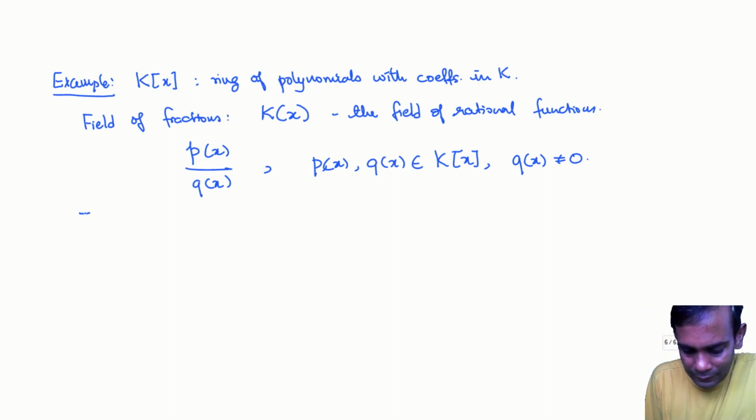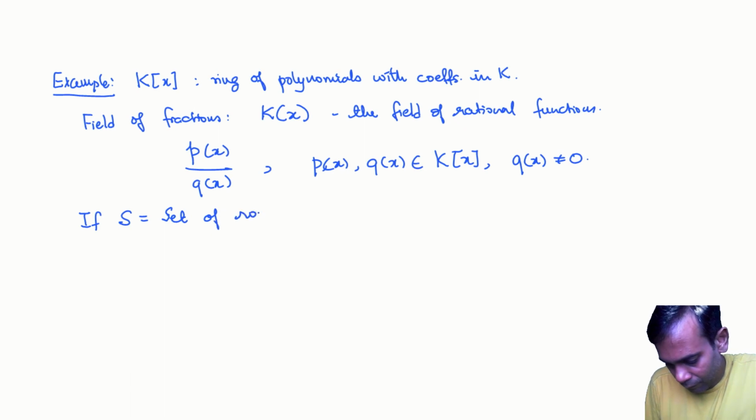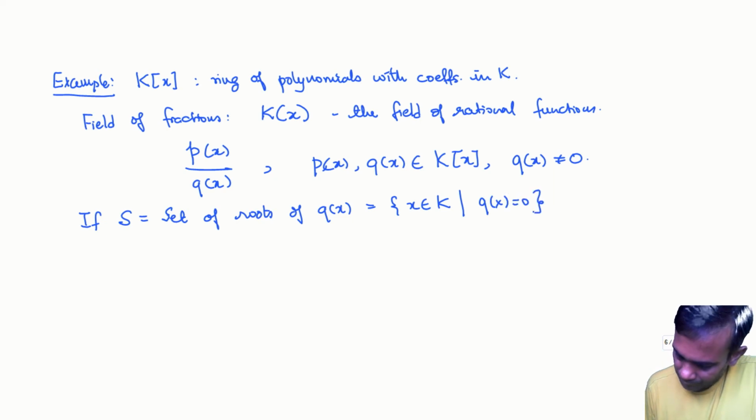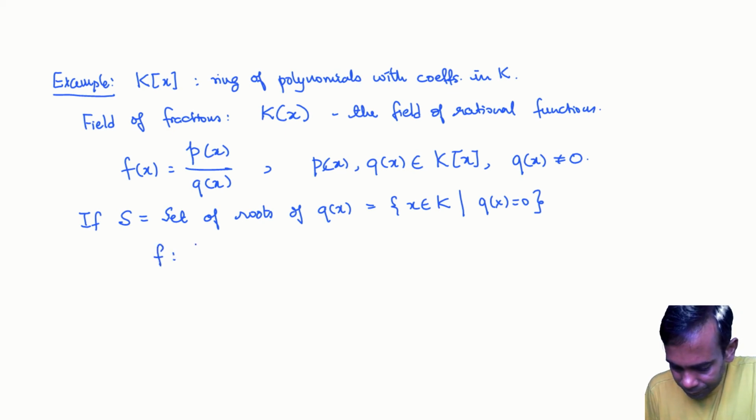So if S is the set of roots of q, i.e. it's the set of x in k such that q(x) is equal to 0, then you can define a function from k minus S to k.